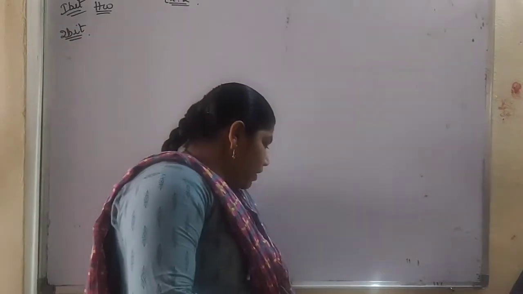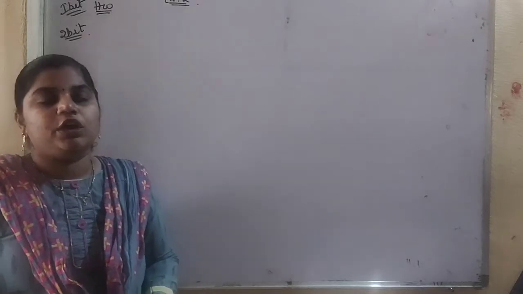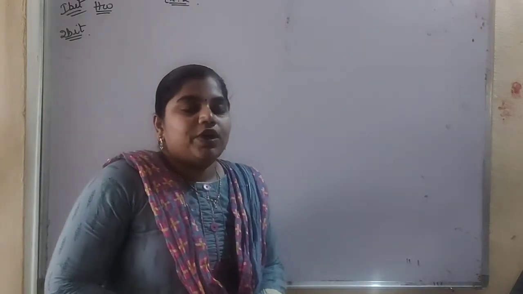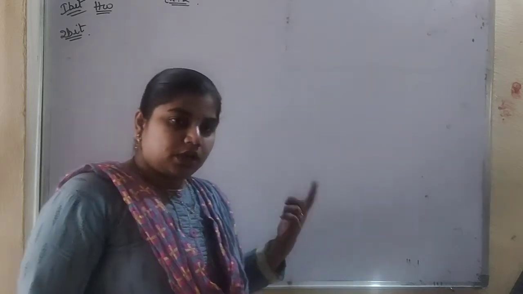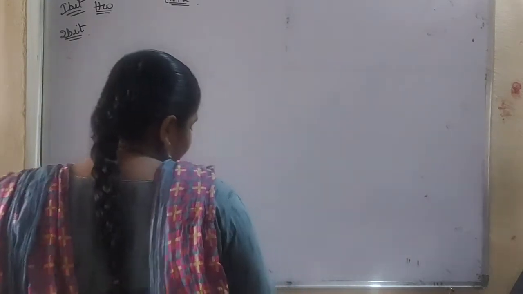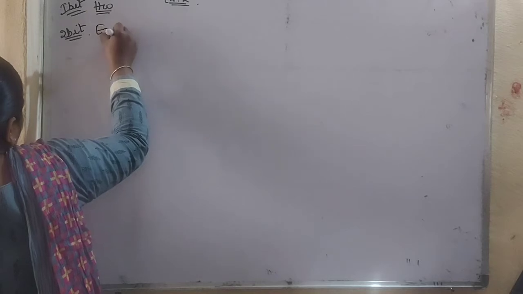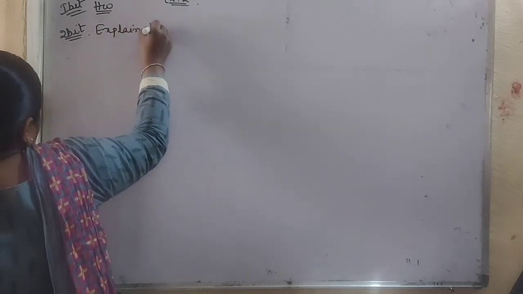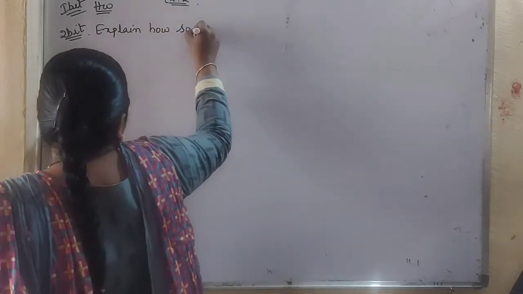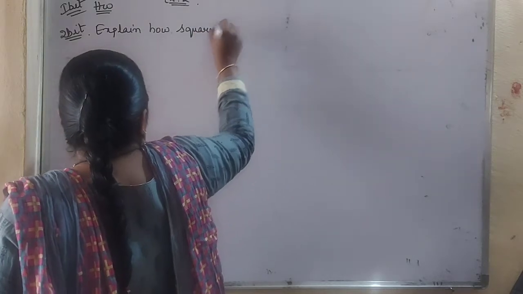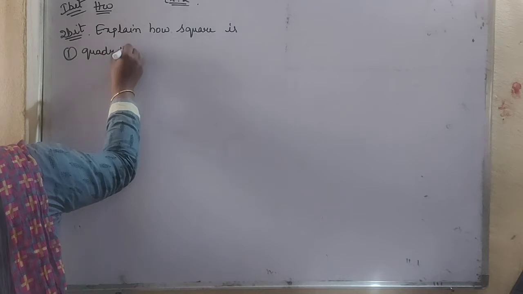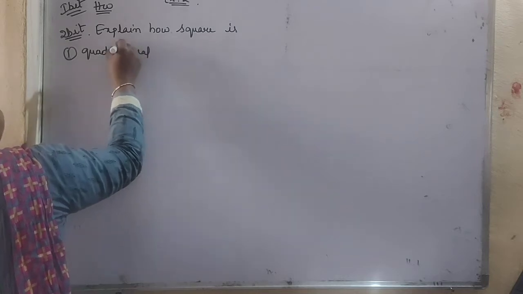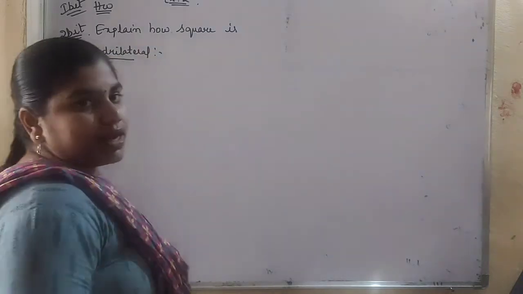So what is that? Explain how a square will be a quadrilateral. Why we are calling square as quadrilateral, we have to explain. Why we are calling this square as quadrilateral?